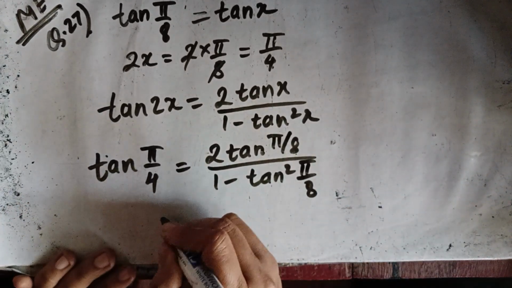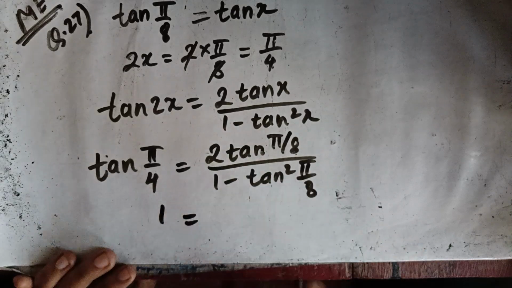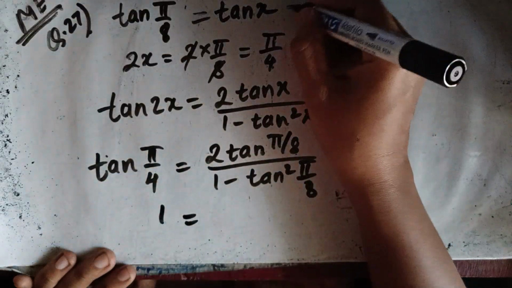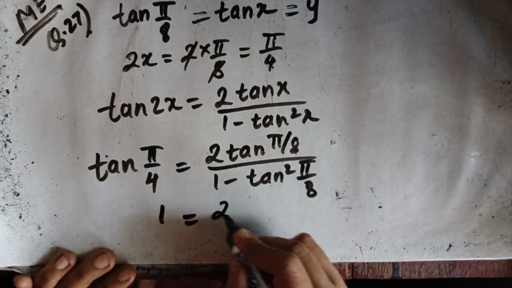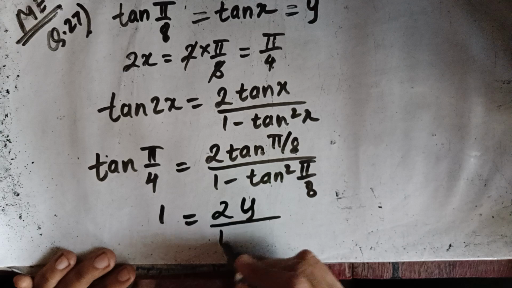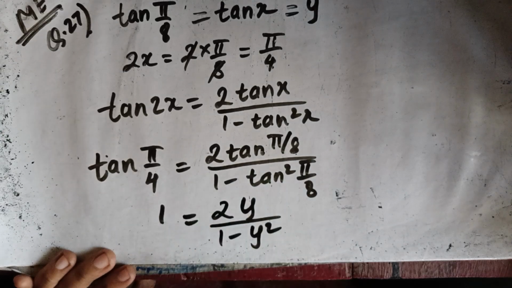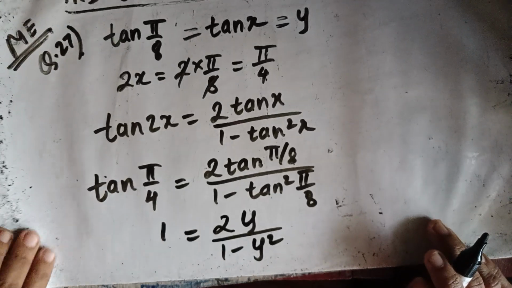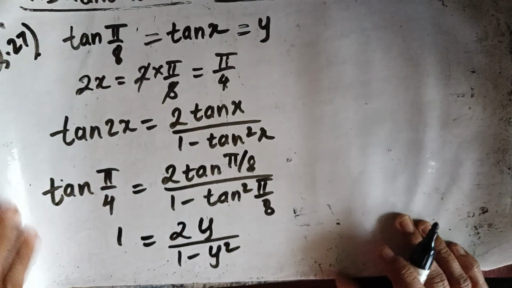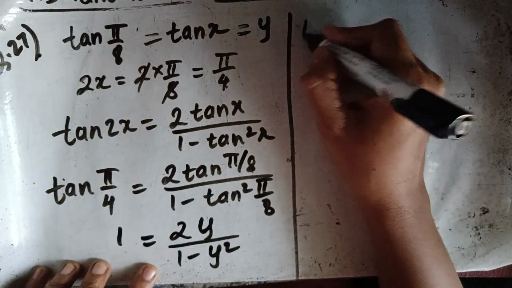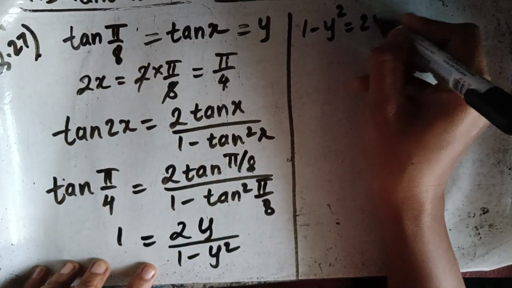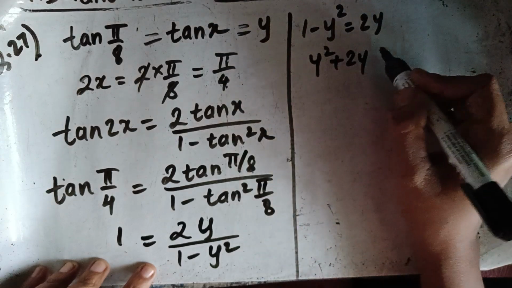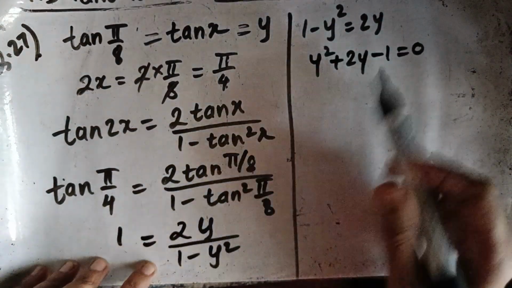So tan pi by 4 is 1. Now we are substituting tan pi by 8 as y, some y. So this becomes 2y over 1 minus y square. So you will get a quadratic equation: 1 minus y square equals 2y. So this is y square plus 2y minus 1 equals 0.